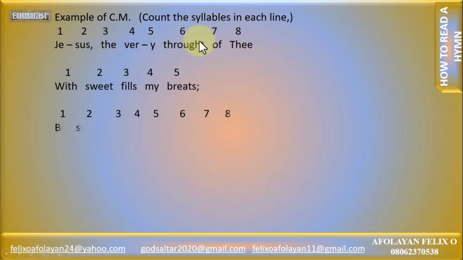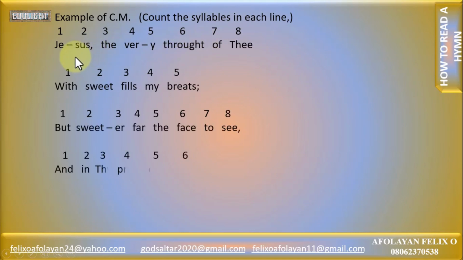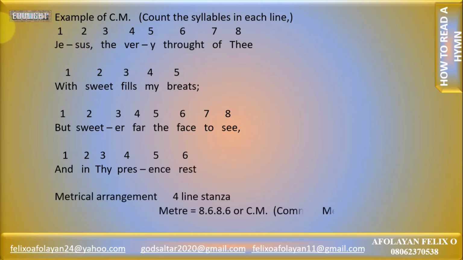Don't look at the syllables of the ones composers have already written. For example, "the very" is two syllables, and "true" is one, so these are the syllables. "Present" and "rest" are just two syllables.